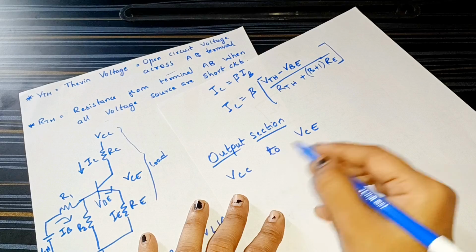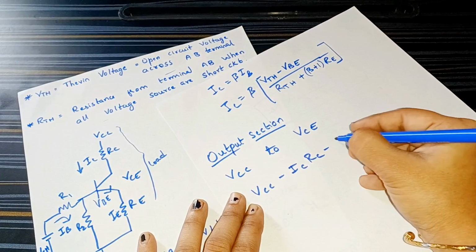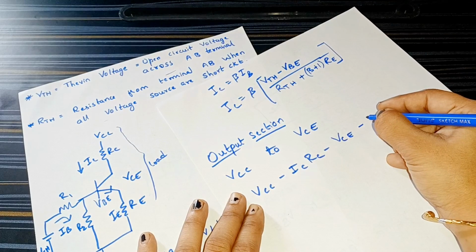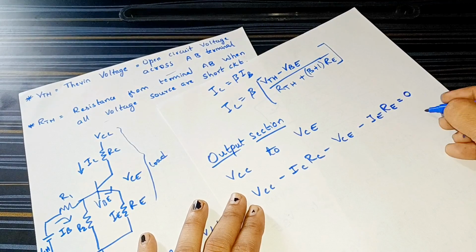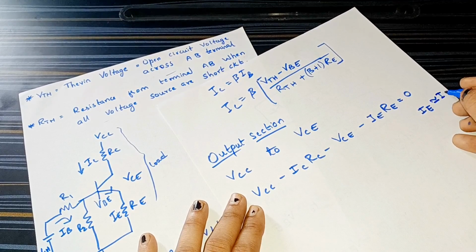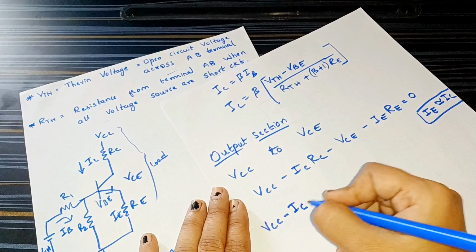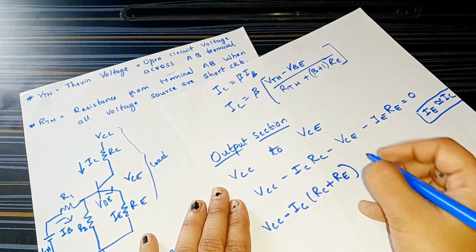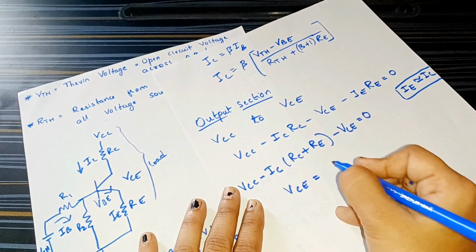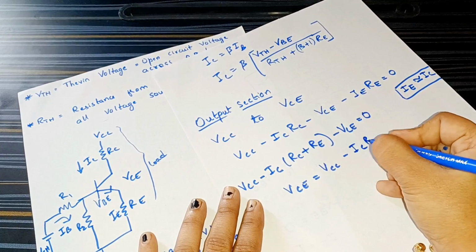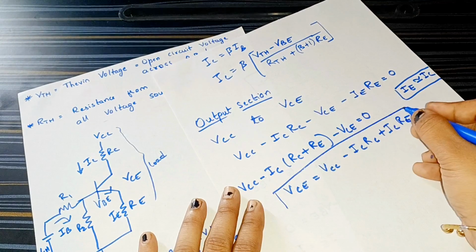Using KVL, VCC minus IC into RC minus IE into RE minus VCE equals 0. With the condition that IE is approximately equal to IC, VCE equals VCC minus IC into RC plus RE. This is our final equation.